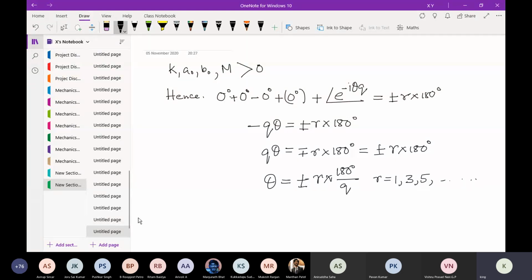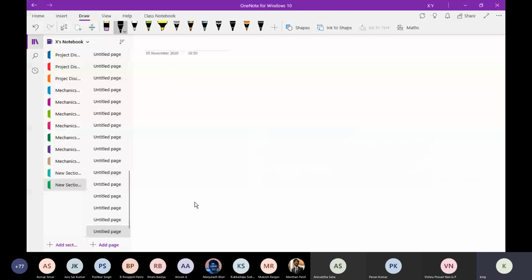R is what? And what is Q? Q is equal to N minus M. So let us say we have our GS, open loop transfer function as 1 over s plus 3.